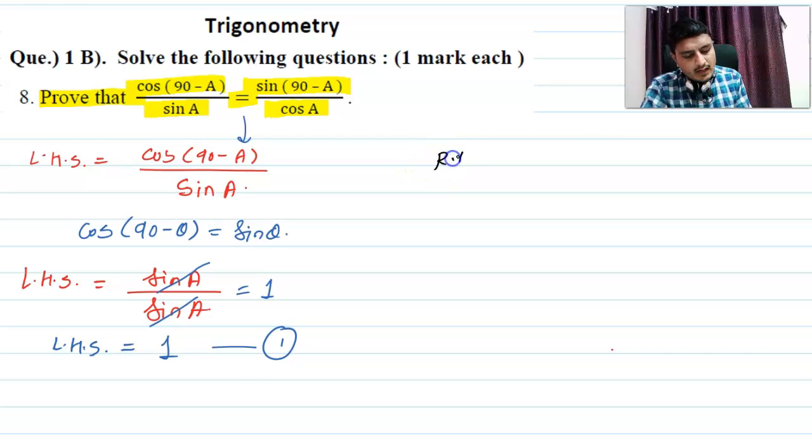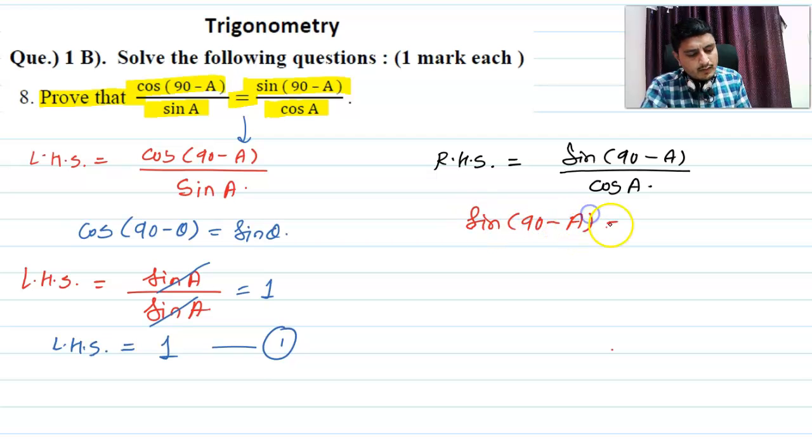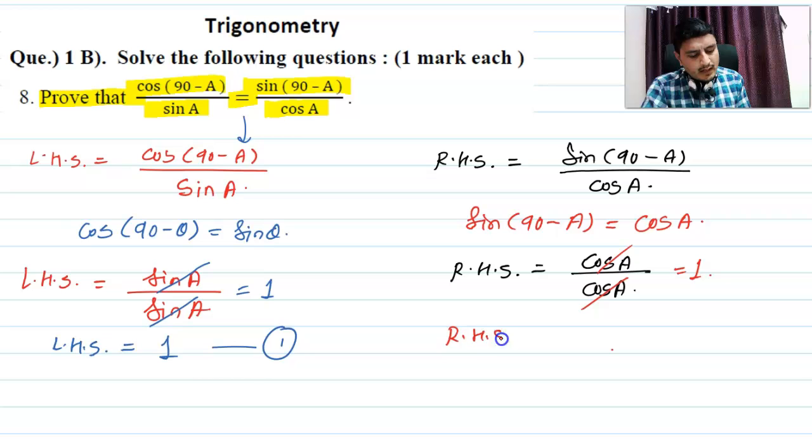Now consider the RHS. The RHS is of the form sin of 90 minus a divided by cos of a. Again, as per the complementary angle formula, sin of 90 minus a equals cos a. So after simplifying the RHS, sin of 90 minus a is cos a, divided by cos a. So cos a from numerator and denominator gets cancelled, and we get the RHS as 1. Call it equation number 2.